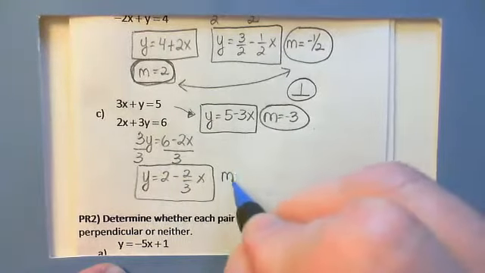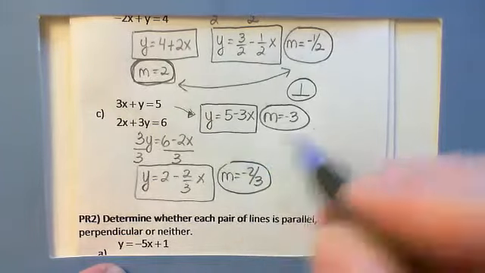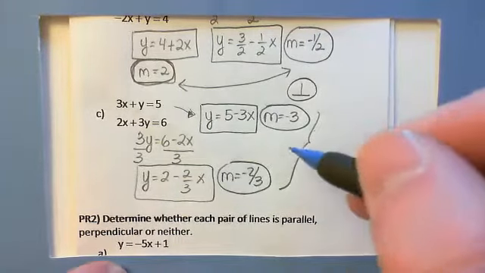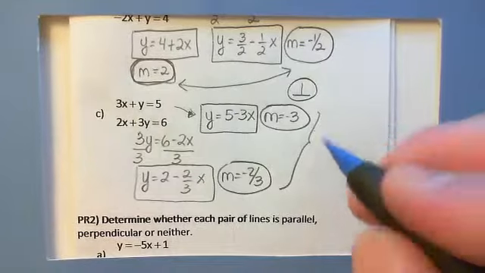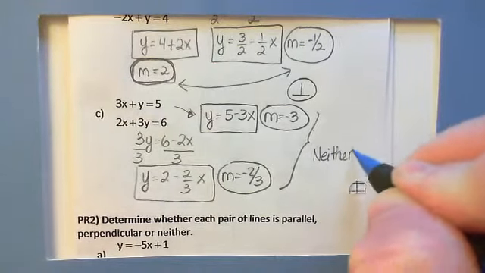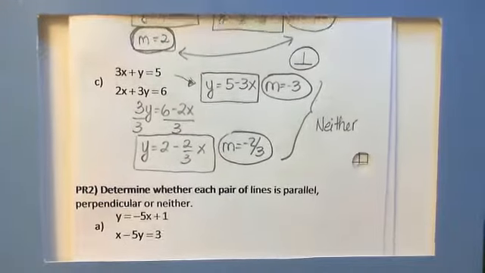My slope here then would be negative 2/3. Okay, if we compare both slopes, we'll see that they are different. So we can write that they are neither. Okay? Alright, very well. Let's continue on to the next problem.